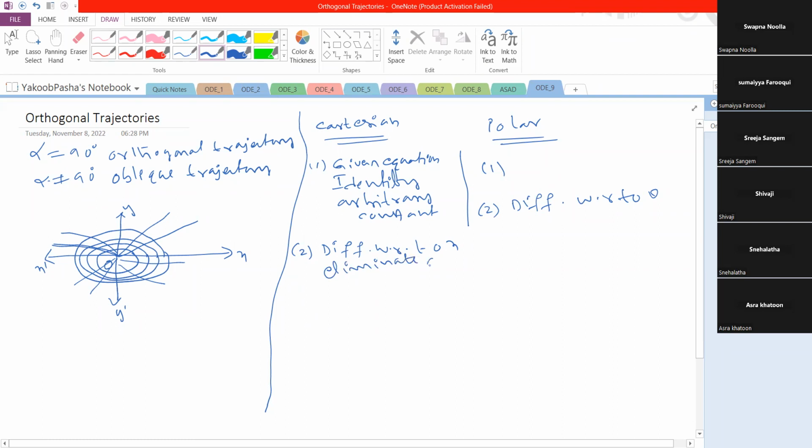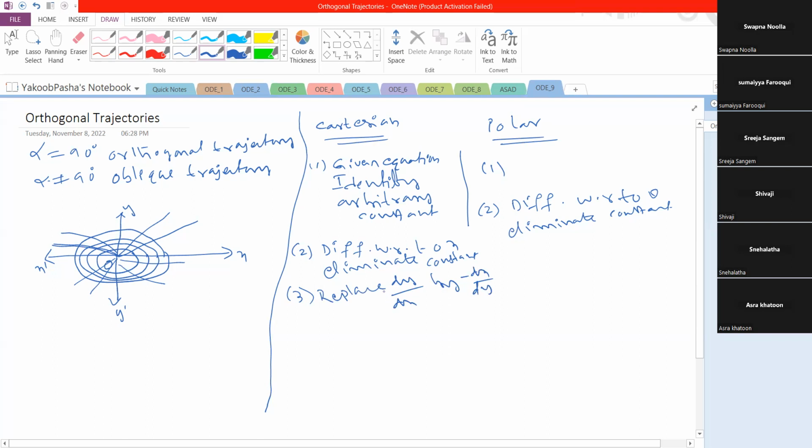After eliminating the arbitrary constant, replace dy by dx with minus dx by dy.